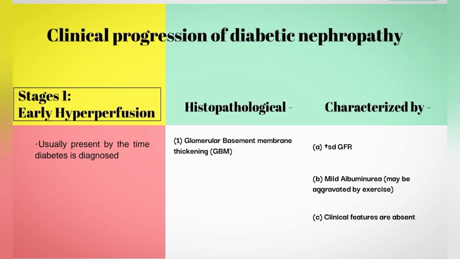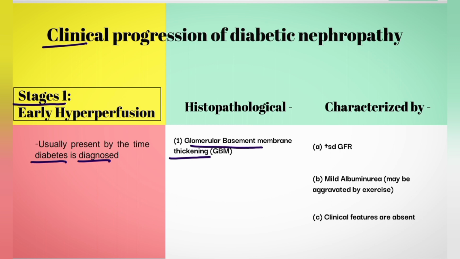Now let us discuss stage 1 of this clinical progression. Stage 1 is known as early hyperperfusion, and it is usually present when the diabetes is diagnosed. The histopathological change seen in early hyperperfusion is thickening of the glomerular basement membrane.